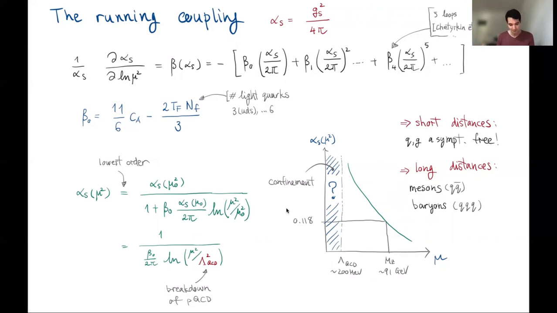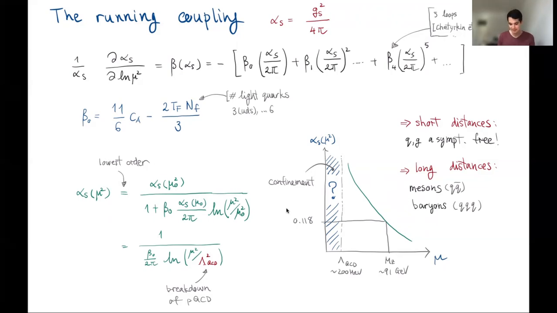And at this lowest order, we can actually solve the running in a closed form quite simply. I guess this is a formula that everyone is quite familiar with. One can alternatively write it in the way done here by introducing this Lambda_QCD value, which indicates the breakdown of the perturbative description of this running equation.